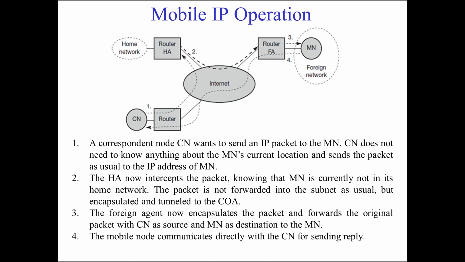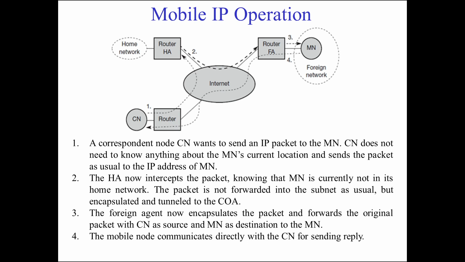The packets reach the home agent. The home agent will receive the packet and see for whom the packet has come. In the destination address, it finds the address of the mobile node. The router very well knows that the mobile node is not available in the home network now. So the router will decide to forward the packets to the foreign agent, because when the mobile node moved to the foreign network, it got a care of address from the foreign agent.